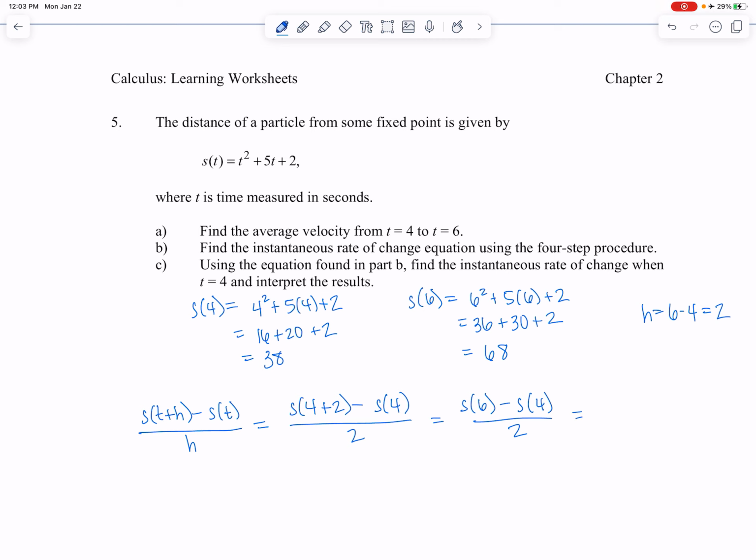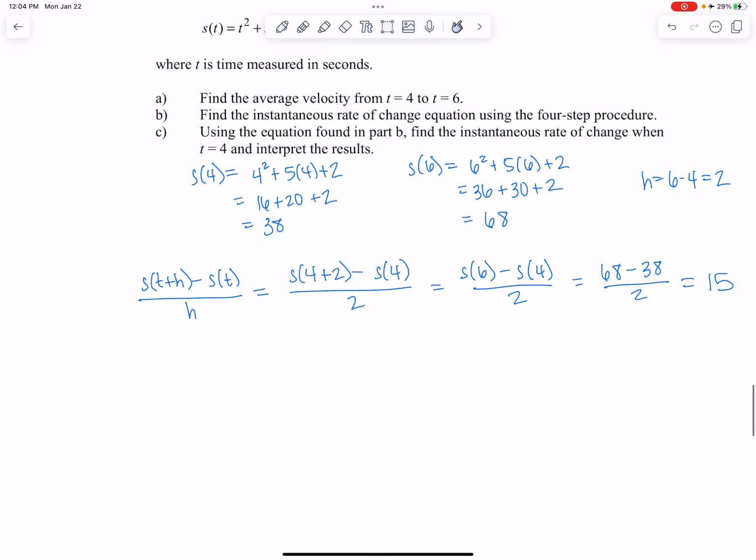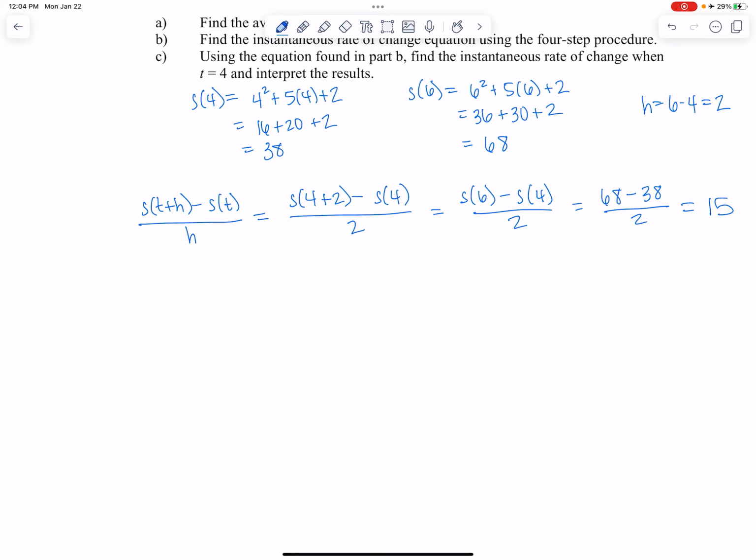And so we have 68 minus 38 over 2, which gives us 15. So our average velocity is 15, whatever it's measuring the distance in, 15 units per second. Okay.